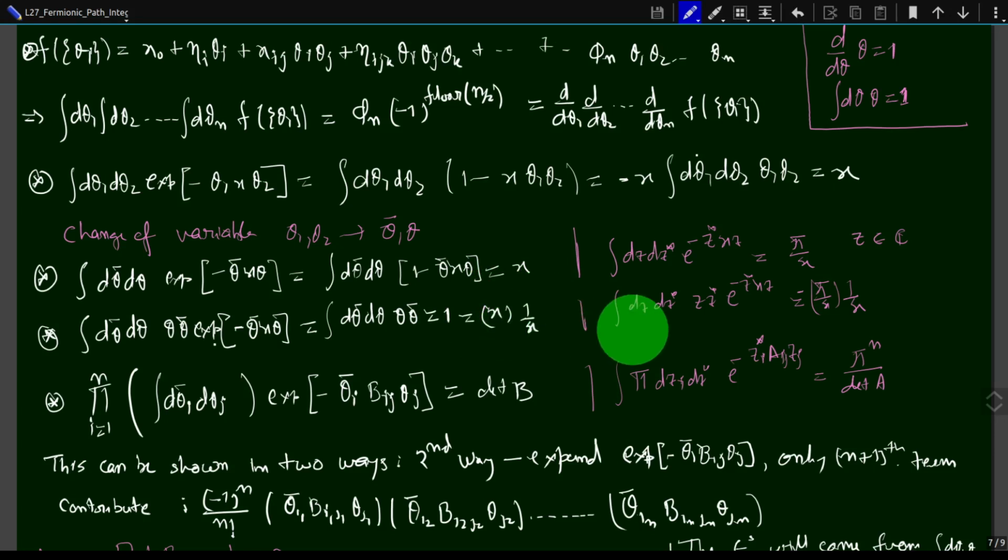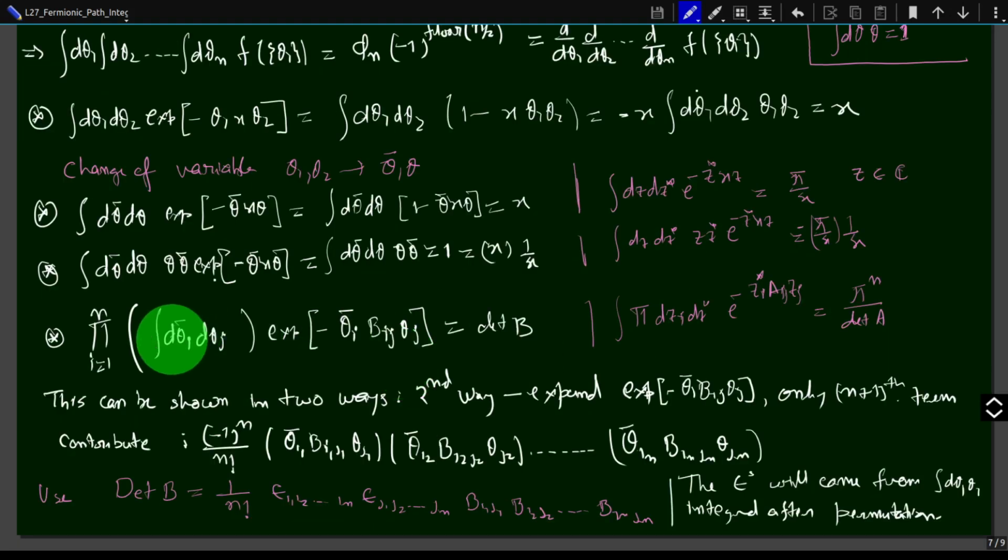I write this because if I do the similar computation for the Gaussian second moment, what I get is pi by x multiplied by 1 by x. It is like the zeroth moment multiplied by 1 by x. So as far as this behavior is concerned, if I have a second moment I get 1 over x times the zeroth moment case, and that behavior remains the same. But the value of the integral changes because x appears in the numerator as against the denominator here.